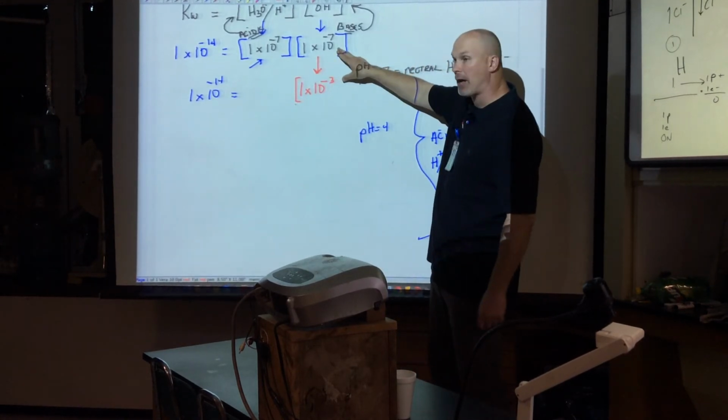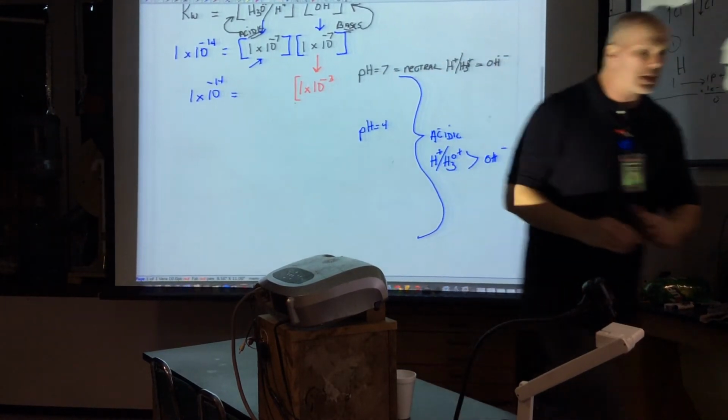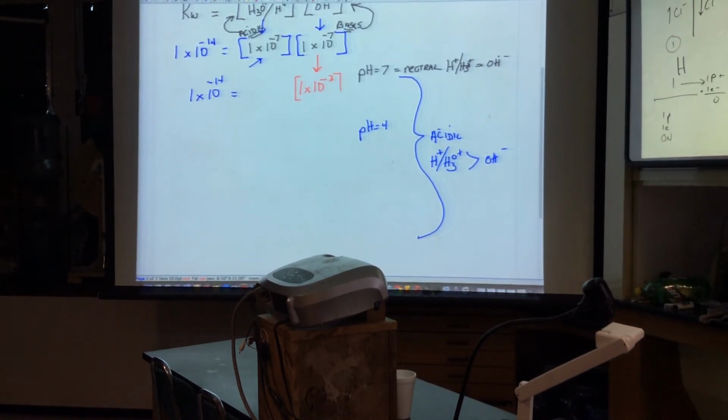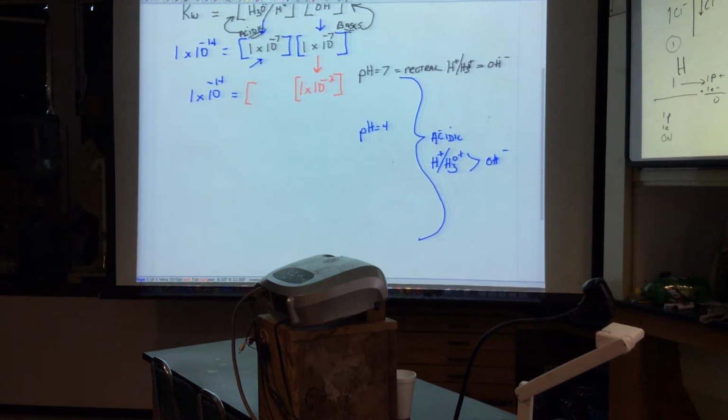What if the hydroxide concentration is 1 times 10 to the negative 3? What's the concentration of my H plus or H3O plus? 1 times 10 to the negative 11, because 11 plus 3 is 14. What's my pH? What's the positive value of my negative exponent?